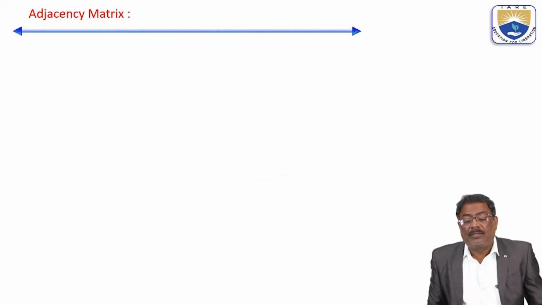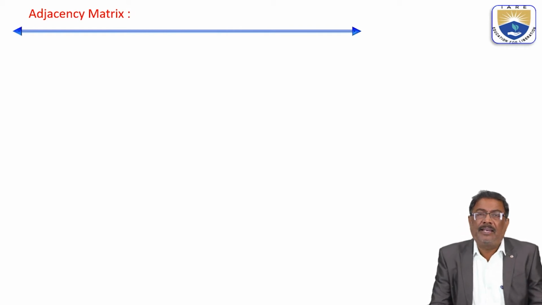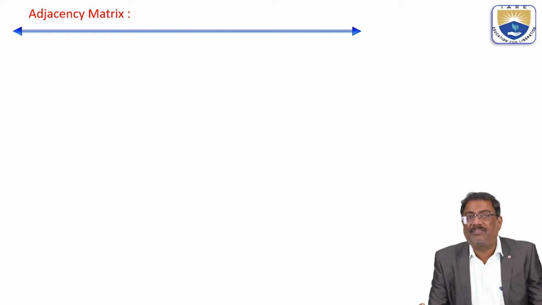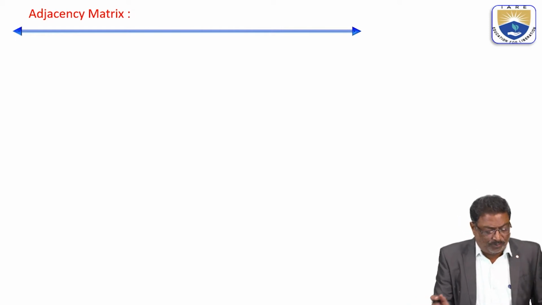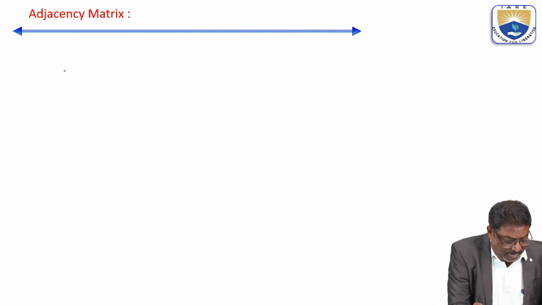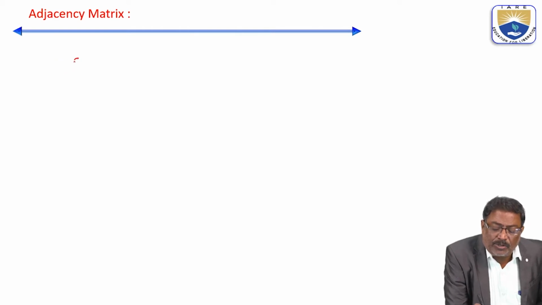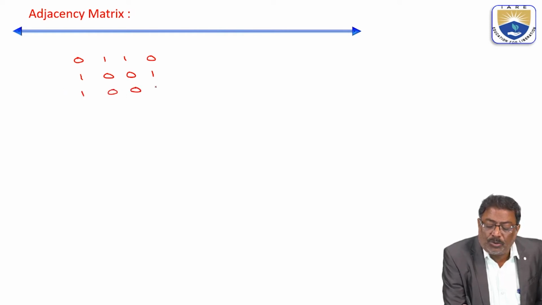Whenever an adjacency matrix is given, how do we construct a graph? For that, let us go for the adjacency matrix. Just consider 0, 1, 1, 0, and the next 1, 0, 0, 1, and the next 1, 0, 0, 1, and the next 0, 1, 1, 0.